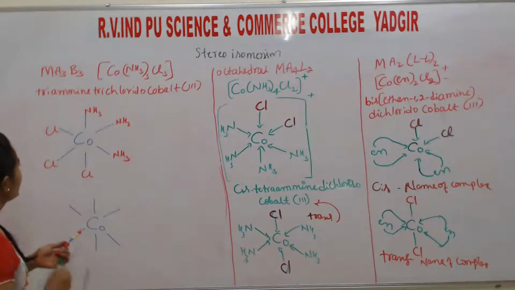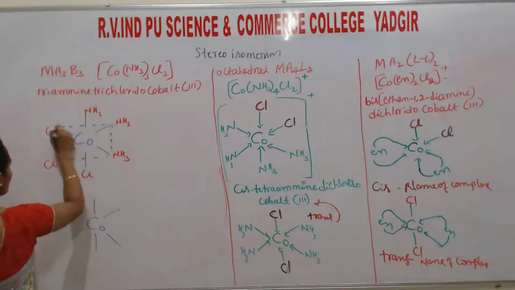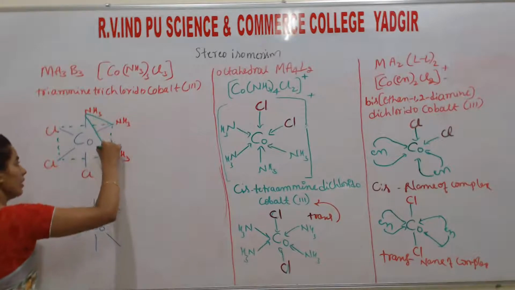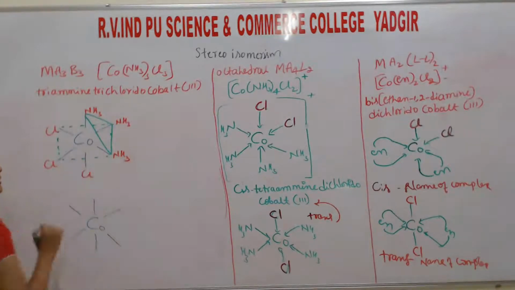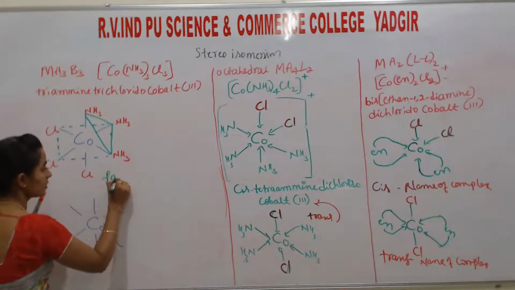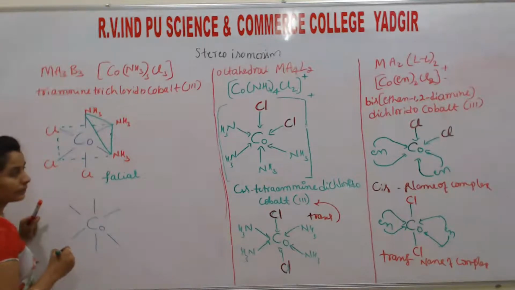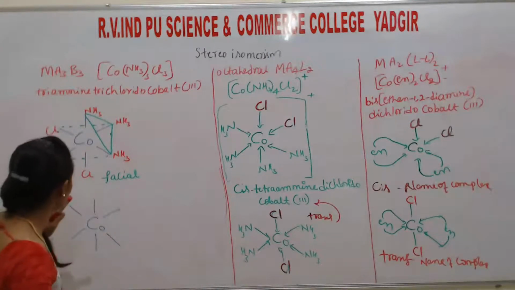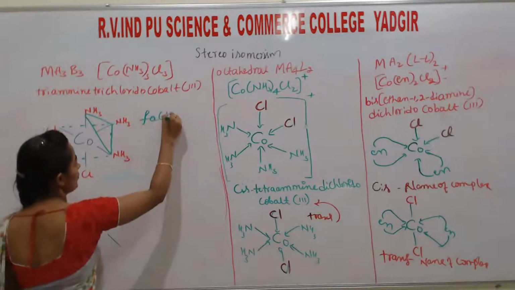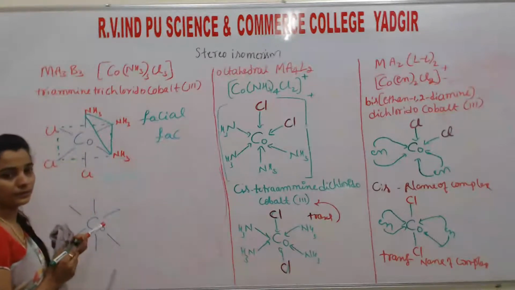Okay, so if we write the geometry here, these form the fac phase. This type of isomer is called a facial isomer, represented by fac.